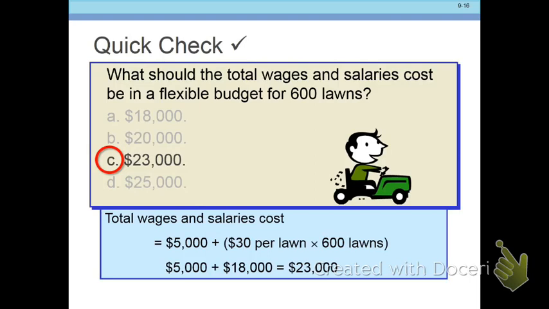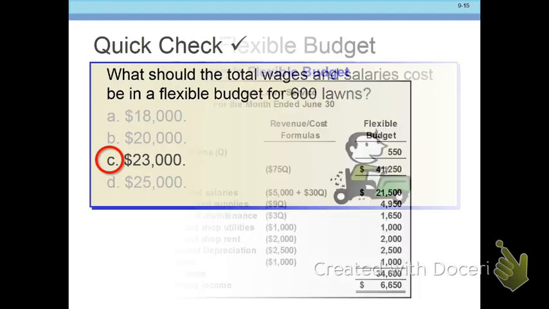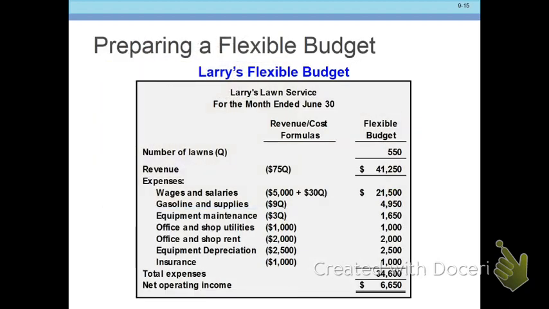For 600 lawns, we would have expected his salary cost to be 23 grand. Notice here, for 550 lawns it was 21.5, and if it was going to be 600 lawns that would have been 23 grand.